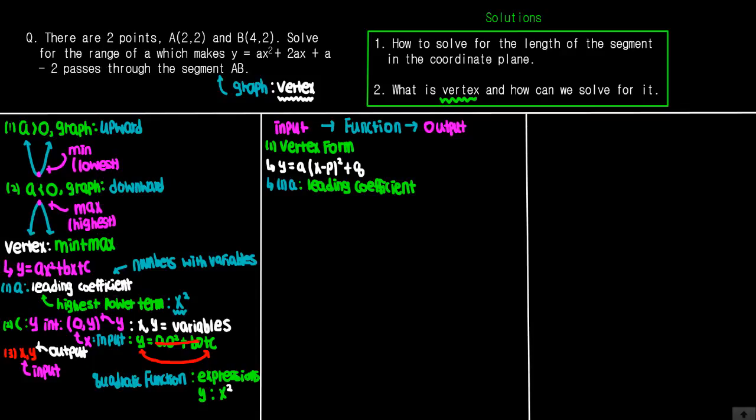Now let's think about the p. P is the x value, or the x coordinate, of the vertex.